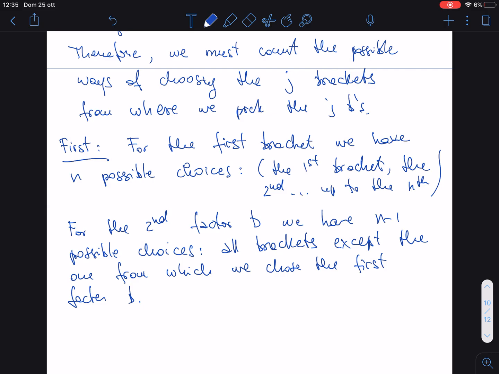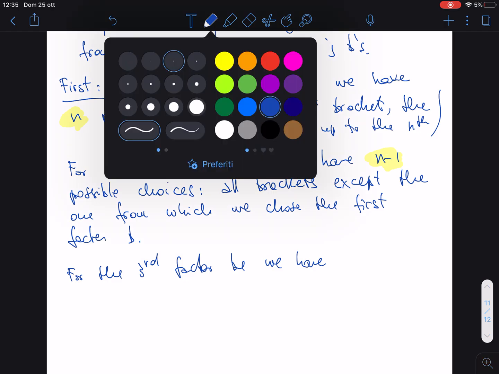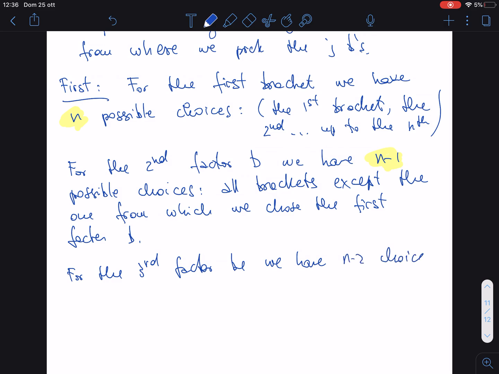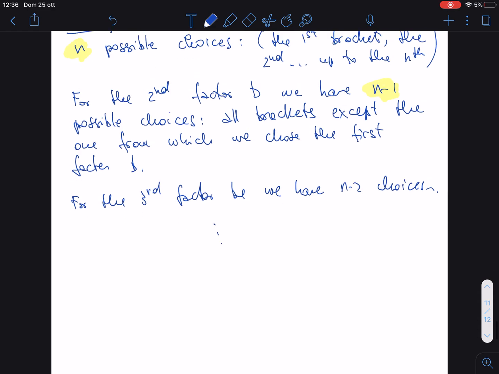And now we know. So from the first we have n choices. For the second we have n minus 1. For the third factor b, we have n minus 2. Oh, sorry. From the fourth, we have n minus 3 and so on. So from the j-th, we have n minus j plus 1.